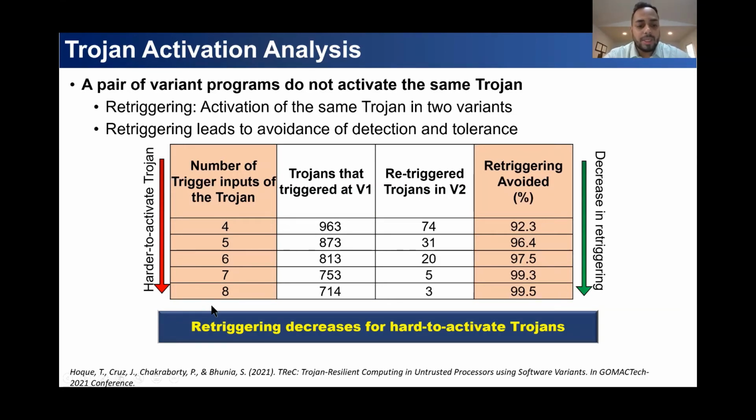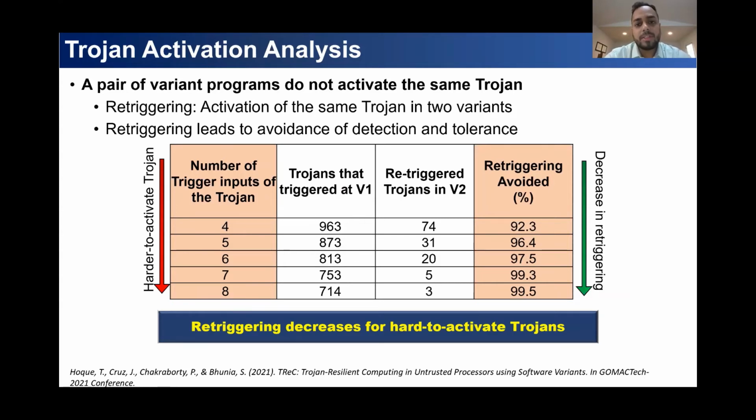And as we increase the activation difficulty, we saw that the rate of re-triggering reduces drastically. That means that our solution is very strong against Trojans that are hard to activate, and those types of Trojans don't re-trigger in multiple variants. So those Trojans are likely to get detected if they ever activate, and it is also easier to tolerate them. So this is a high-level idea of our solution.